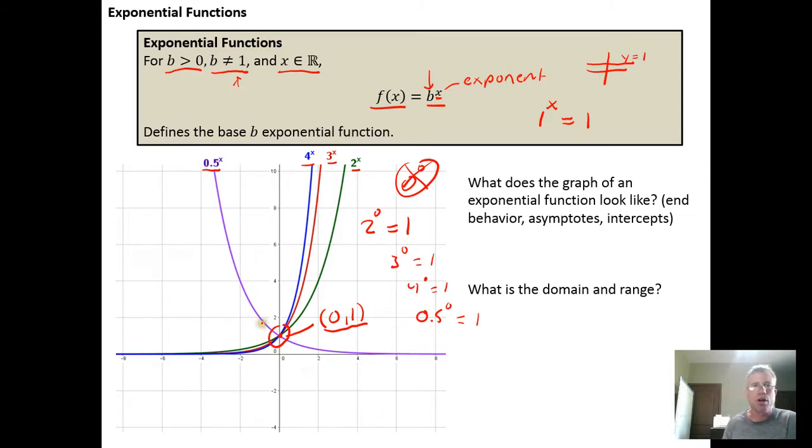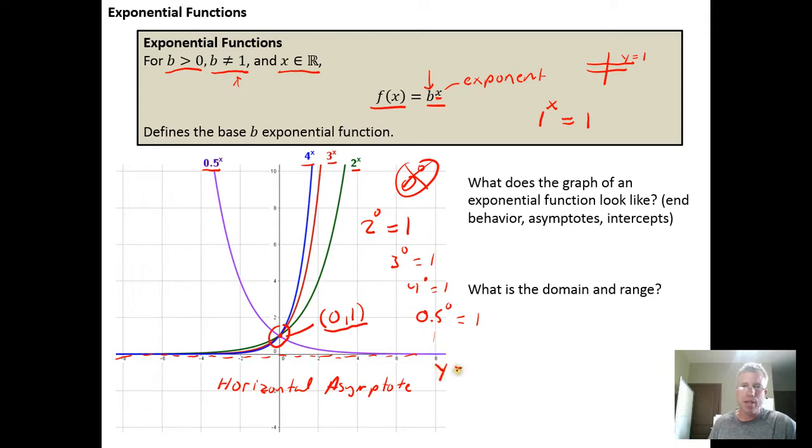The other key feature on these is the horizontal asymptote. You can see right here the x-axis is a horizontal asymptote for each of these exponential functions. And all that means is that the x-axis forms a horizontal line that the function outputs approach, or get as close as you want them to get to that line.